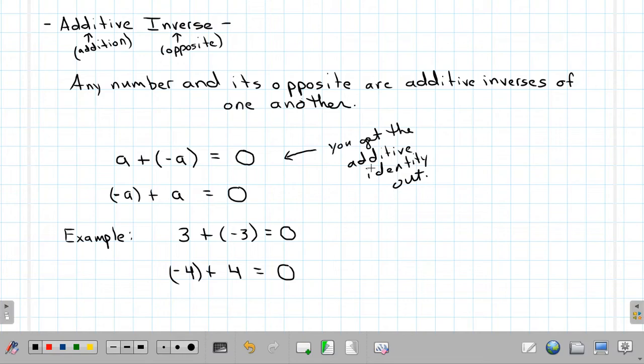You'll see the same thing when we talk about the multiplication properties. When you think of additive inverse and additive identity, the big feature here is the number 0. Additive identity means you add 0. Additive inverse means you add the opposite to get 0. We'll see some of this when we look at the practice and the homework. But let's go ahead and go to the next set of properties.